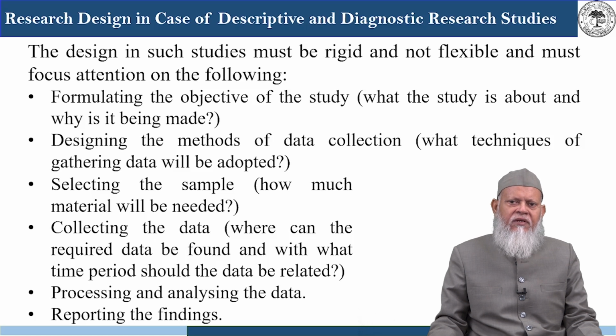Because if he does not decide in advance, then in such cases he has no option to be flexible and decide at the time of the collection of the data.